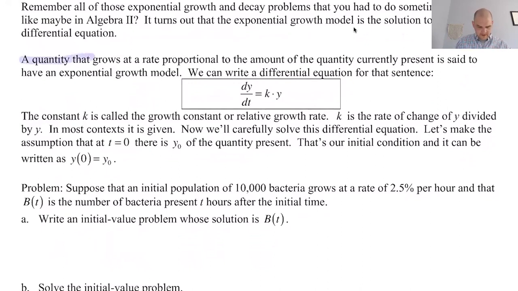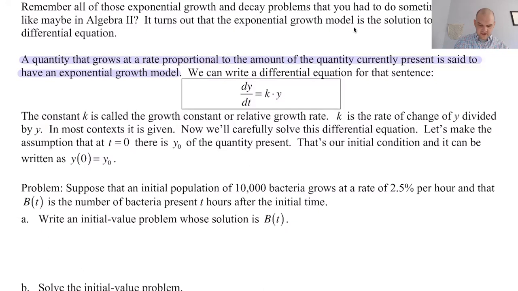So a quantity that grows at a rate proportional to the amount of the quantity currently present is said to have an exponential growth model. Okay, and we can write a differential equation for that. So it's growing at a rate proportional to the amount that we currently have.